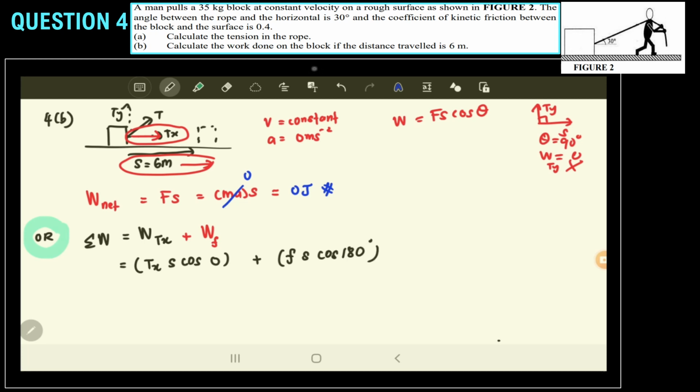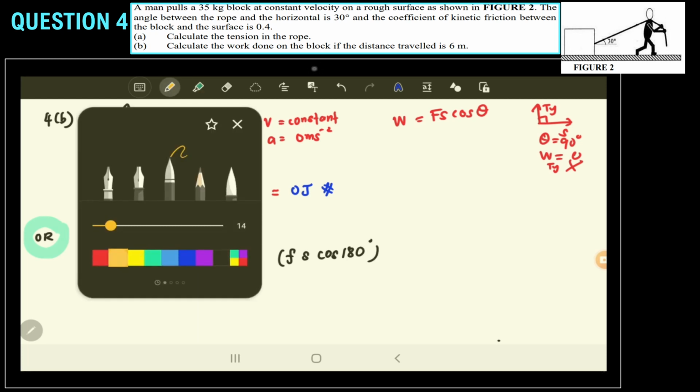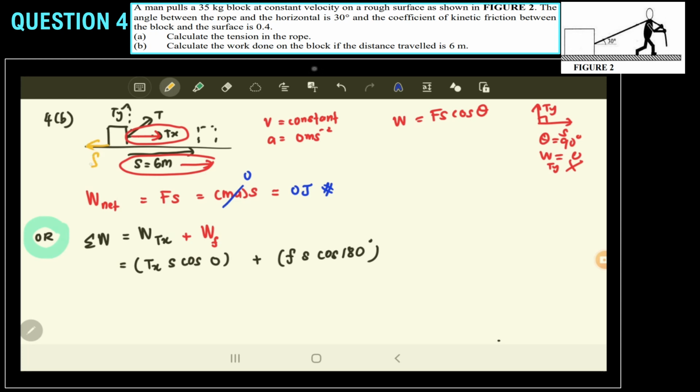Kenapa 180 degree? Okay, because friction is in this direction and s is in this direction. So s and friction, it's 180 degree.